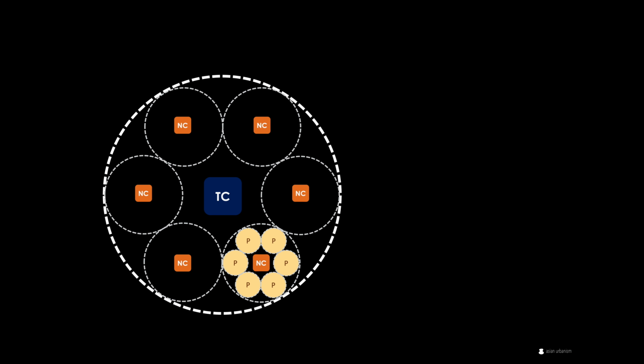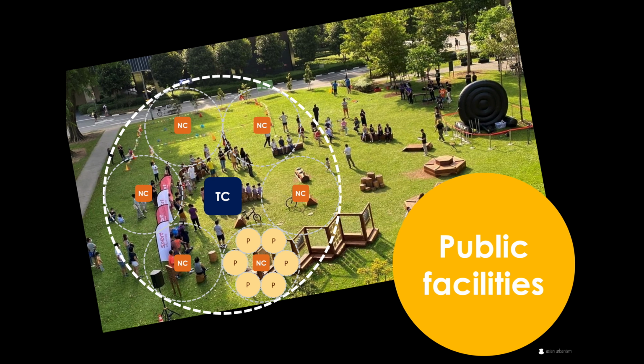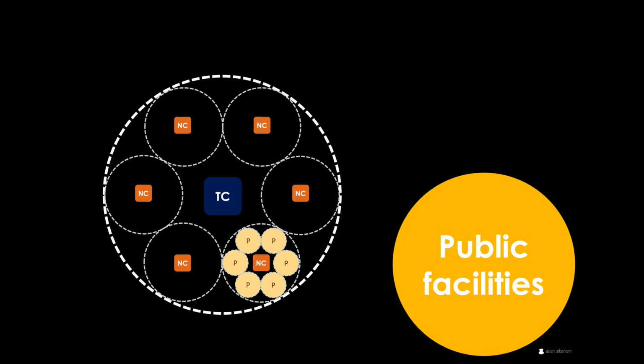One critical component that contributes to the livability and social cohesion of the new town is public facilities. These facilities are allocated and distributed on the different scales within town center, neighborhood center, and even precinct. Here are some examples of types of public facilities.